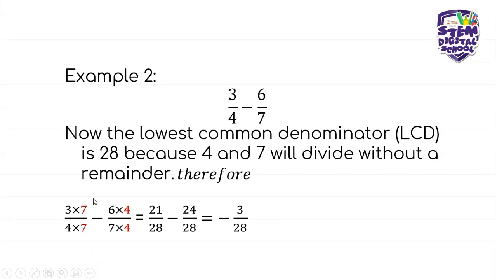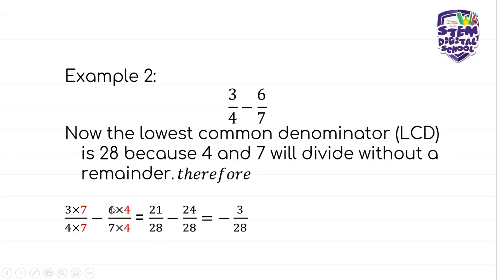Whatever you do to the bottom, you also do to the top, as Huapele has said earlier. Now you multiply 3 by 7, and if you multiply 3 by 7, you'll get 21, and 4 times 7 is 28. That is why you now have 21 over 28.